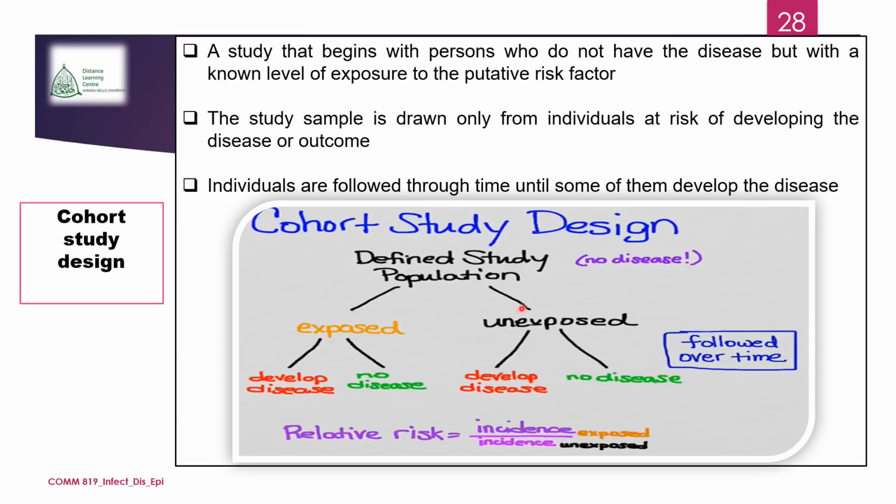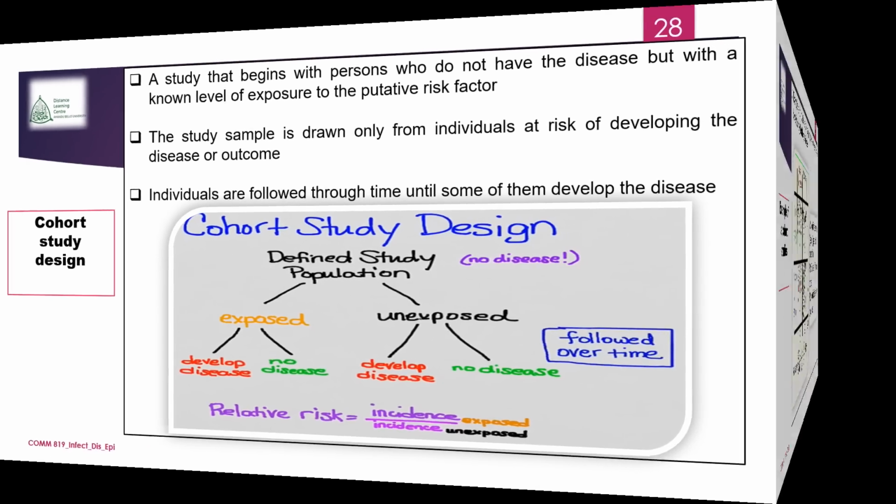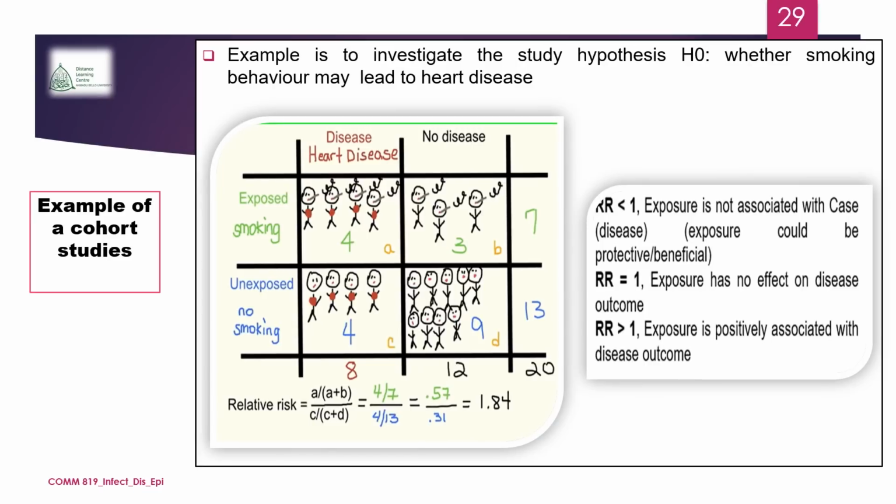Okay, so the most important thing of cohort study is you follow it over time. So an example of a cohort study here is to investigate the study hypothesis, that is whether smoking behavior may lead to heart disease.